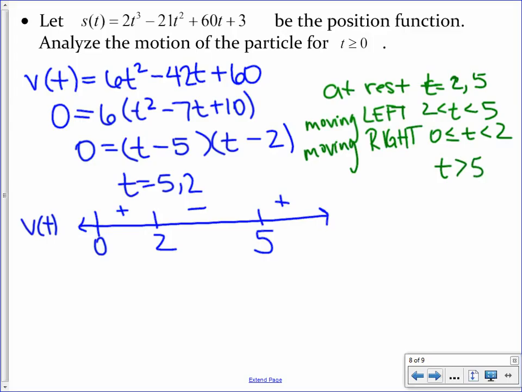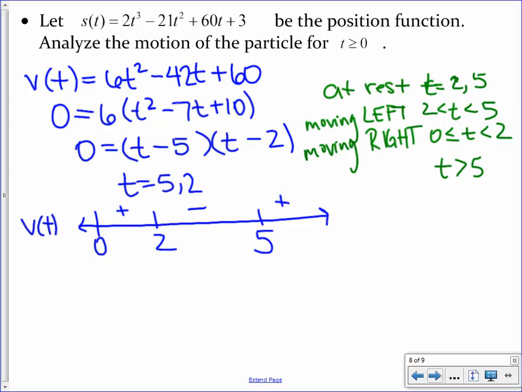Now, since we have an initial velocity that's positive, you can include 0. I'm not going to get picky about it. If you don't include 0, it's fine. But we are beginning with velocity. Would you say 5 to infinity if you wrote it the other way? Yeah. Okay. Let's keep going.